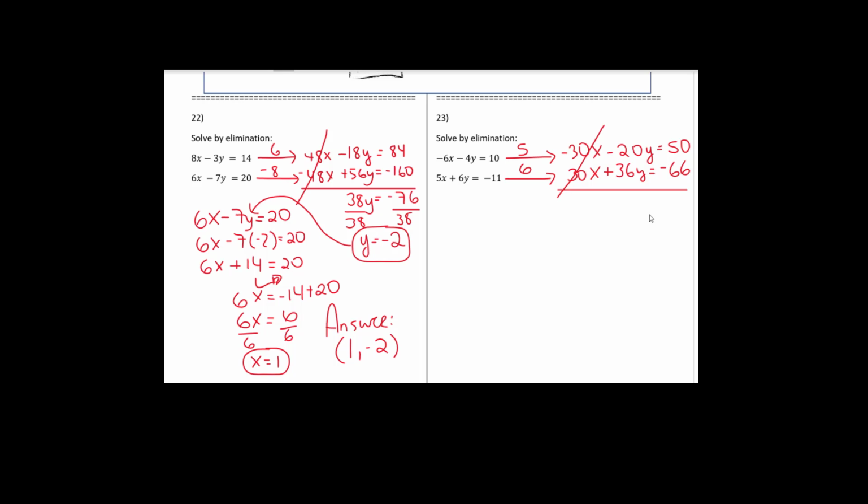So that means these two cancel. This would be 16y. 50 minus 66 is negative 16. We divide by 16. y equals negative 1. With that, we just pick any equation. So let's say I pick the bottom one.